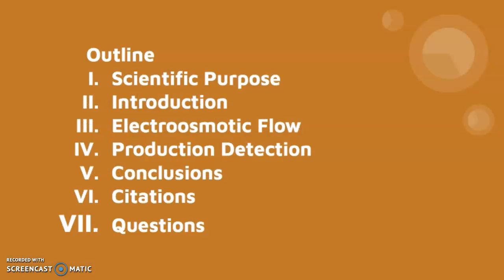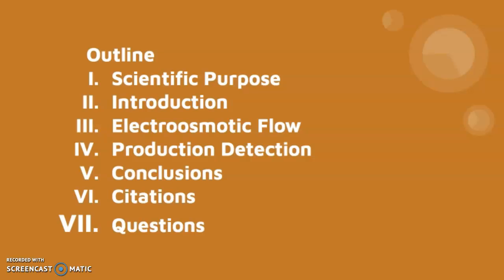Here's a general overview of what I'm going to be discussing today. First, I'm going to be talking about the scientific purpose and the reason the experiment was conducted. Then I'm going to be going into the introduction of how the experiment was conducted. Then we're going to talk about the electroosmotic flow in a capillary and how it works.